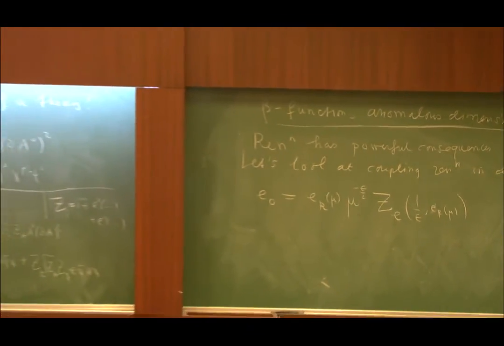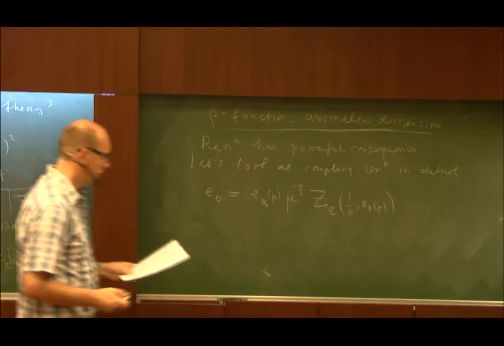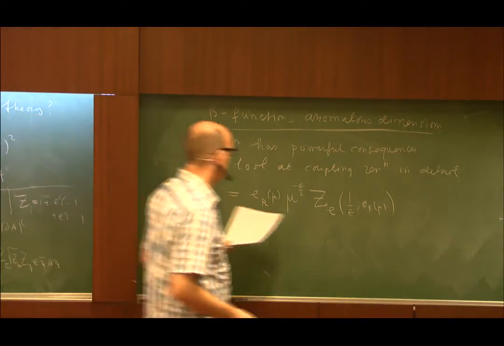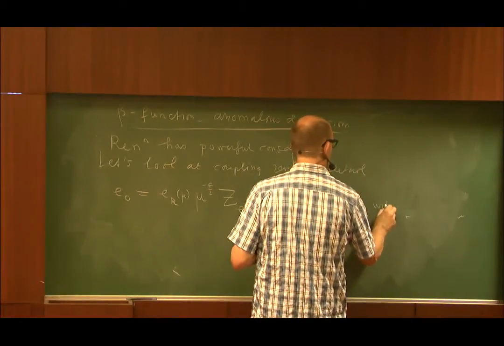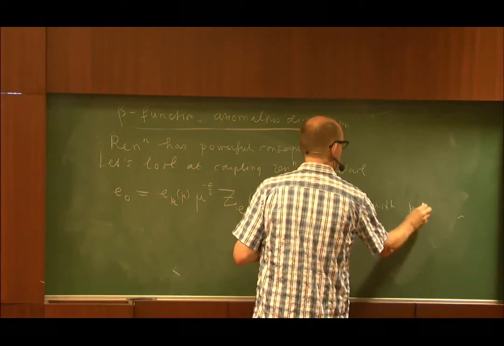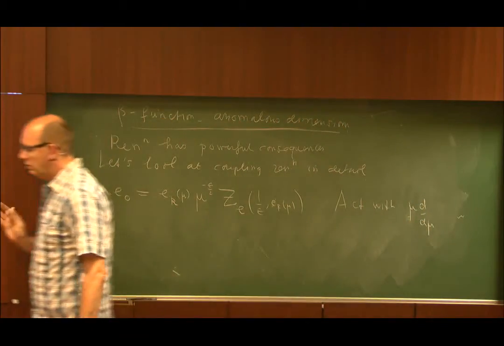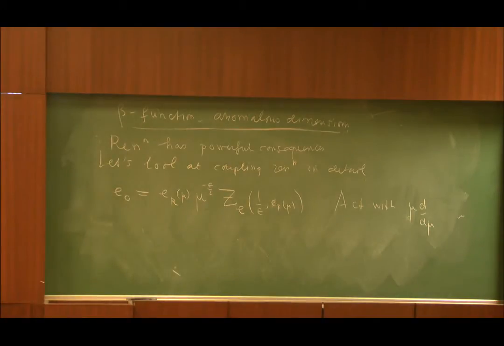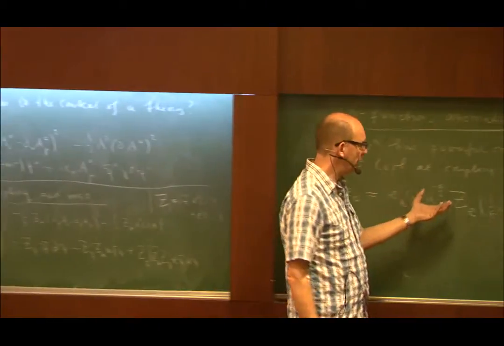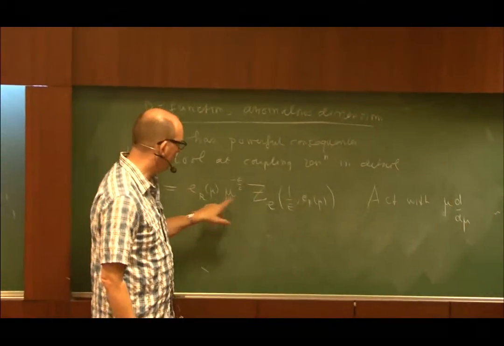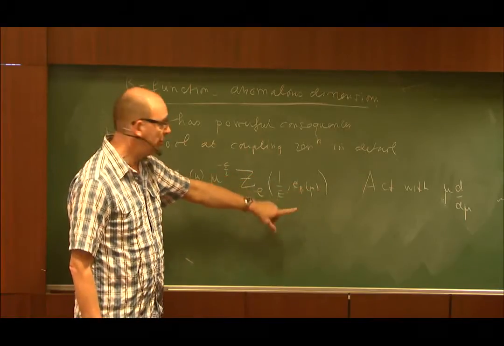So from this condition, we now may derive a consistency condition. So given this, let's act with mu d mu. This is a very often occurring situation in particle physics. You have a quantity which you can factorize as a product of other quantities, here ER and ZE, such that each of those factors contains a parameter, mu.